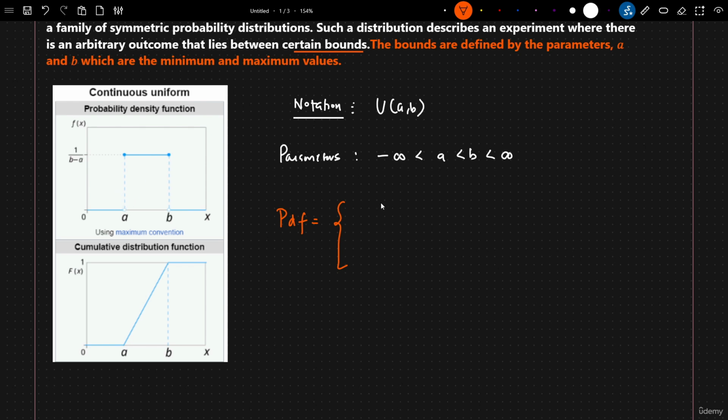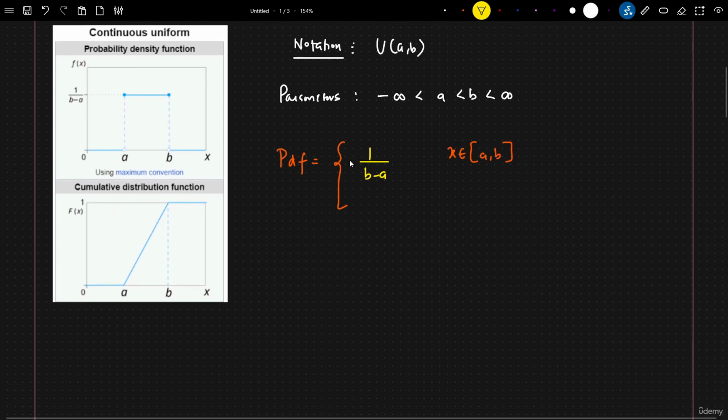Now let's talk about the PDF function that is specifically used to create this particular distribution. Here there will be two scenarios. If my X value, which is my random variable, belongs to A comma B, then my PDF is 1 divided by B minus A. I will explain this with an example, but right now just consider that.